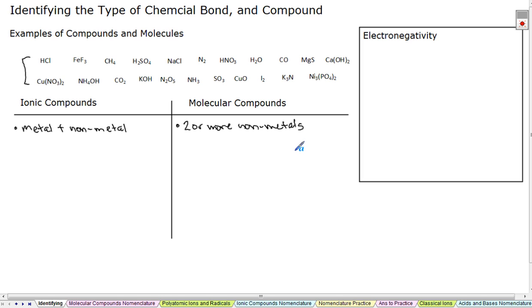However, we need to refine our approach to identifying types of chemical bonds and the compounds that they're in. And this is where we look at electronegativity. A real simple way of looking at electronegativity is the force of attraction that the shared pair of electrons feels towards one element or another.